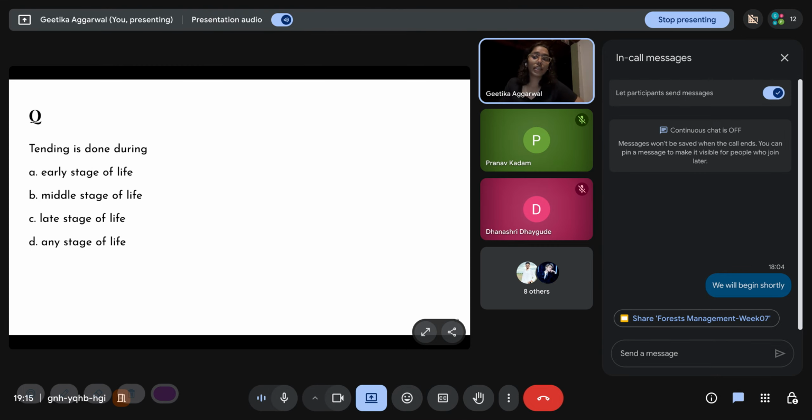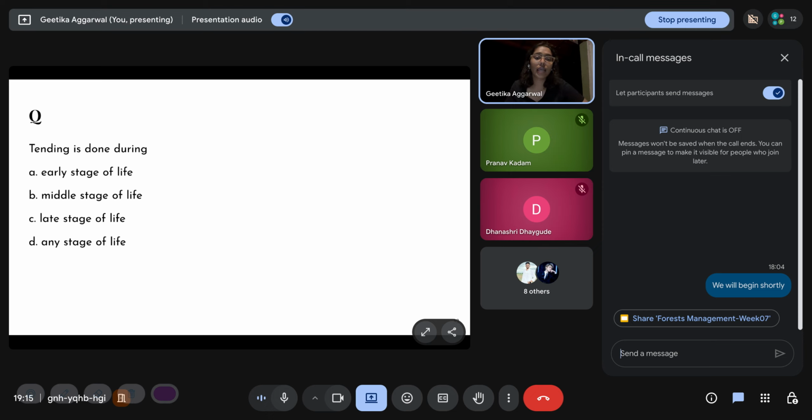So first question is, tending is done during which stage of the life of the forest? Early stage, middle stage, late stage, or it can be carried out at any stage of life of the forest. So when is a stand tending carried out? Start typing your answers into the chat box.